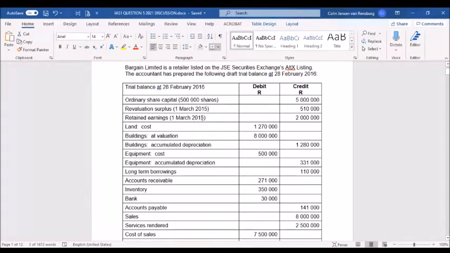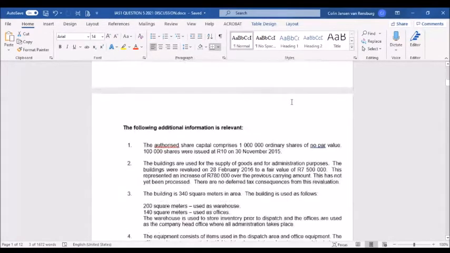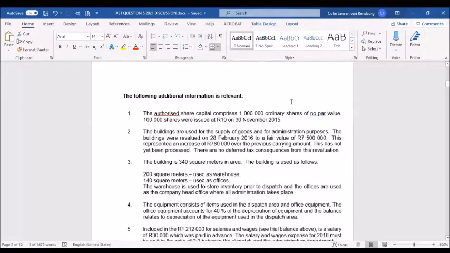Clearly, our profit and our total comprehensive or the profit for the year must still be added there. But that ordinary shares, the ordinary share capital, that is actually at the end of the year. And we must now bear in mind one little thing here that we haven't made a journal entry for, because they only required of us to do the journal entries as at the 28th of February 2016.